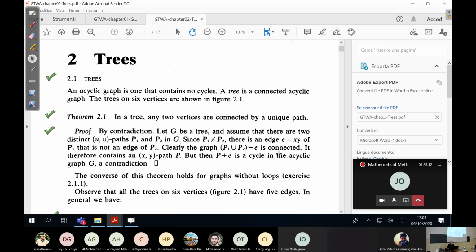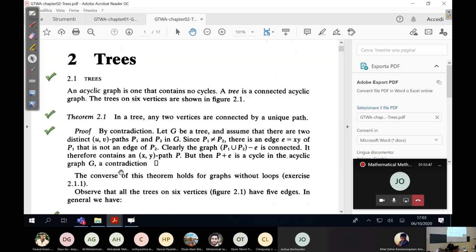So it is connected, okay? So there is an XY path P. XY path meaning what? Remember, X and Y are the two ends of this edge we have taken away. But even if I take away this edge E, if I take all vertices and edges of P1 and P2 apart from E, it is connected, so it means what? That from each vertex to each other vertex of this graph, there is at least one path.